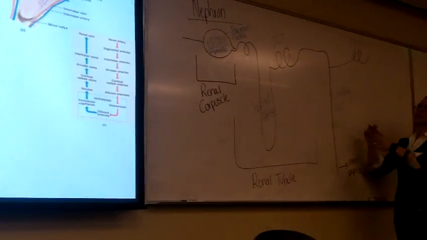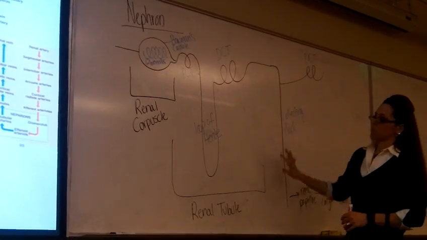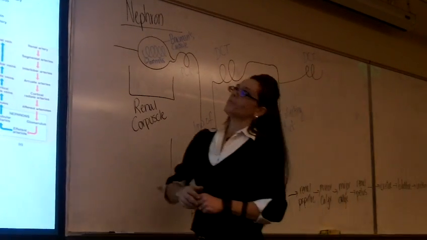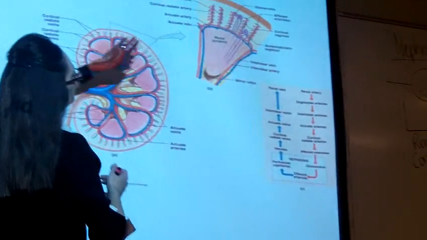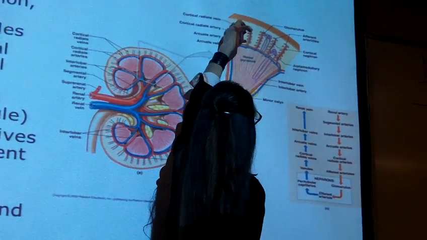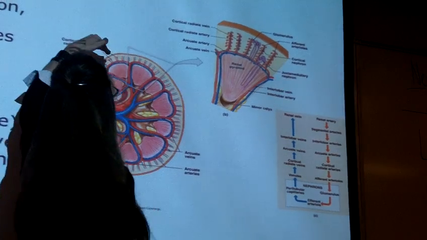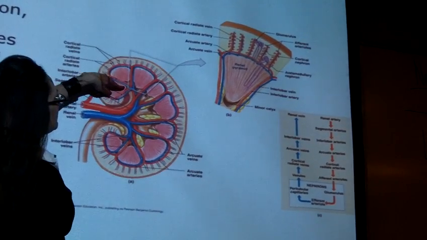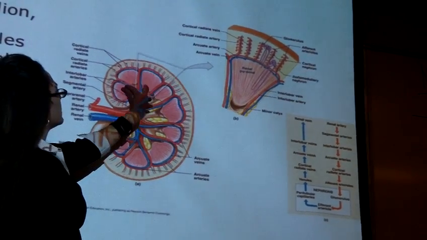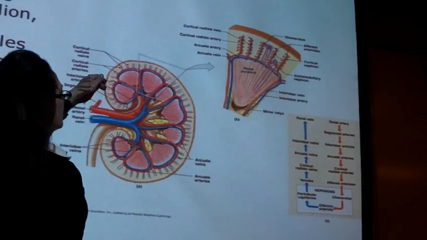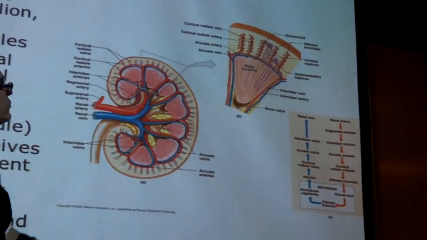But actually, before we do that, let's put this into context right here. What we're looking at here, okay, is if we look at the kidney, we can see a nephron right here. The nephron's going to start up in the cortex of the kidney, and then it's going to dip down into these renal pyramids, into the medulla, and then it's going to come back up into the cortex, and then dip back down into the renal pyramid or the medulla.